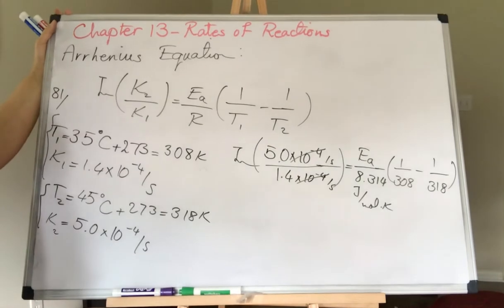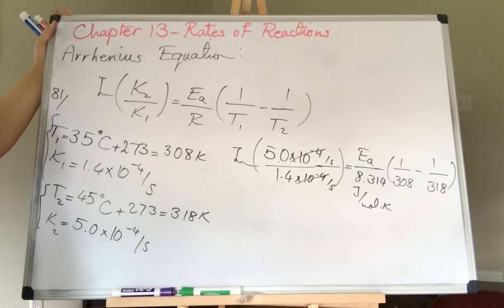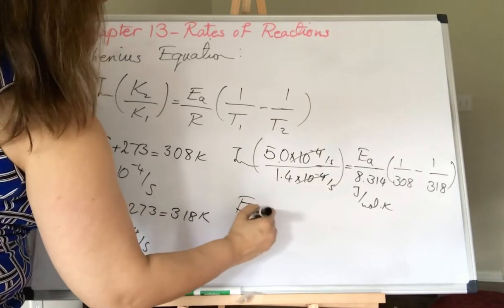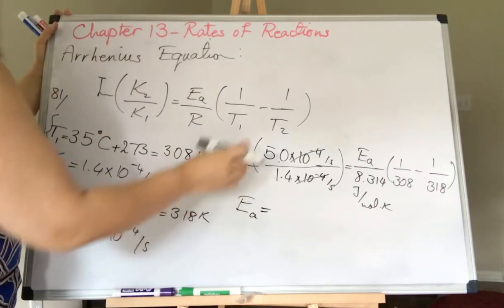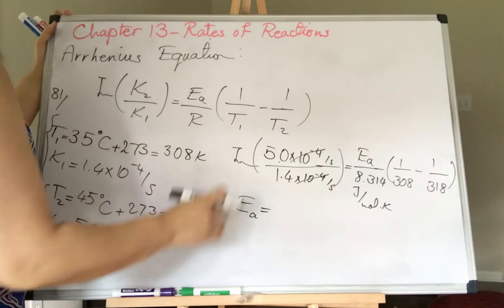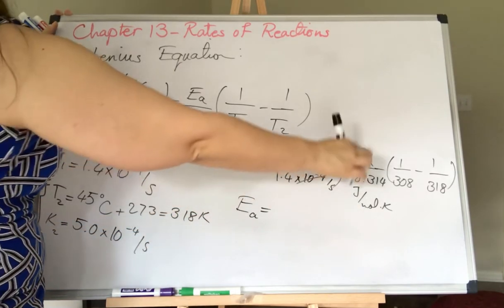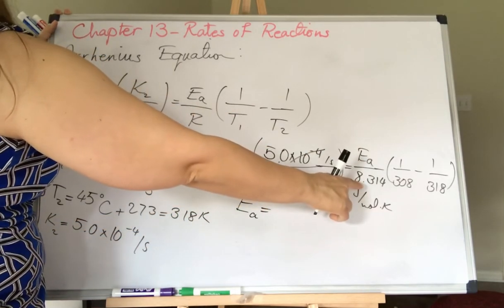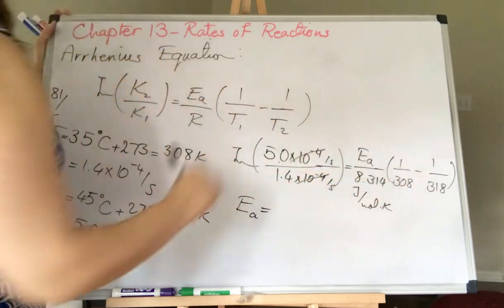When you do your calculations, you calculate ln of 5 over 1.4, EA over 8.314, and put them in your calculator.